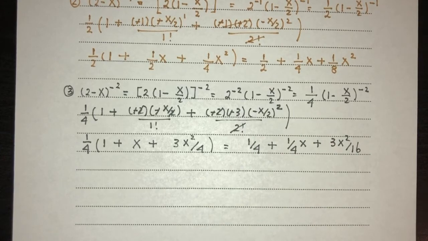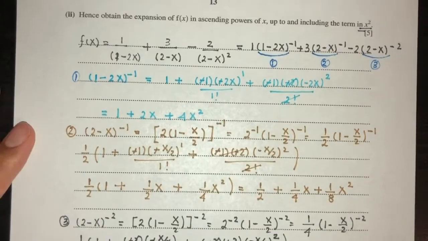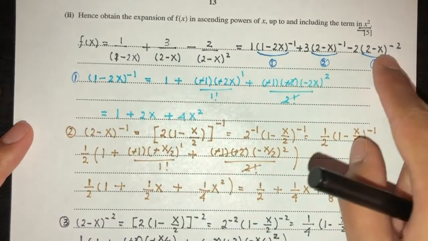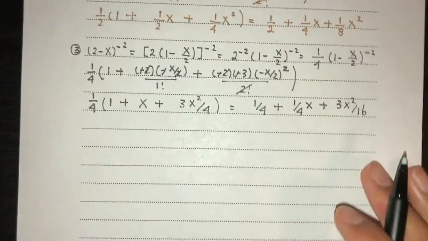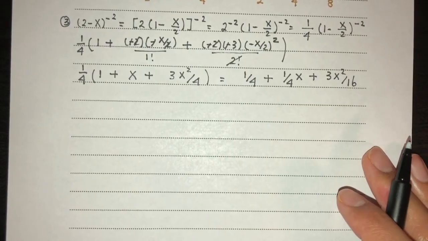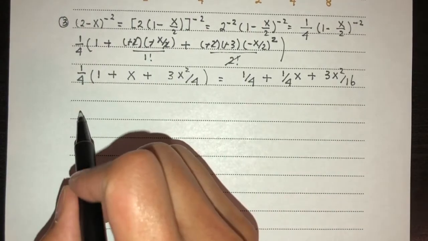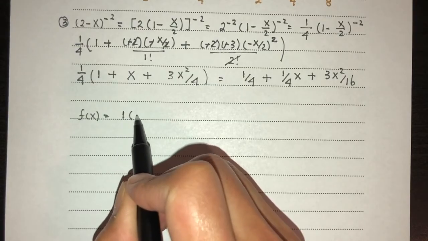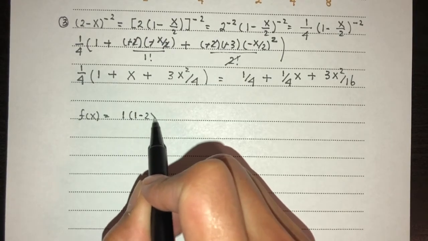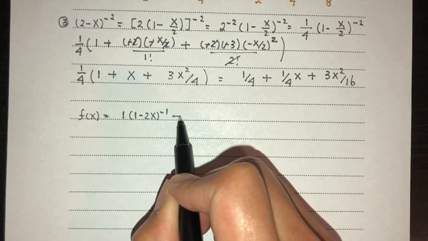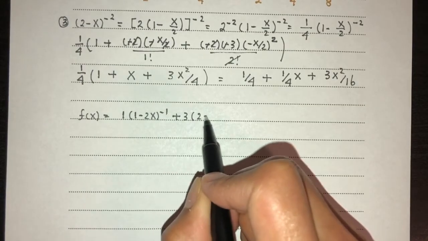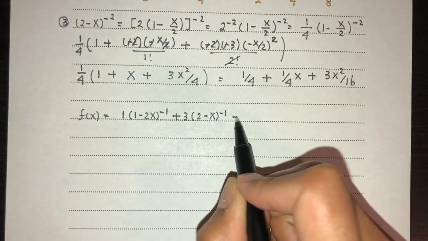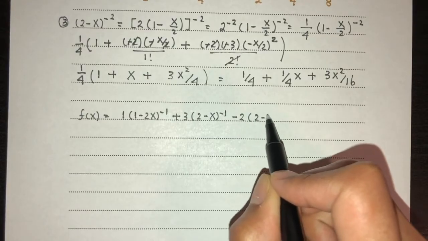Okay. Now let's see what we need to do now. So we have the values of 1, 2, 3. We have to plug in those values back in this equation. Okay. So let me write down the equation again so we can follow step by step. So we know f of x is equal to 1 times the number 1, which is this one, plus 3 times the number 2, and then minus 2 times the number 3.